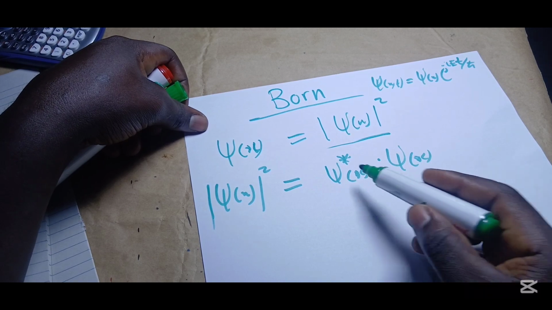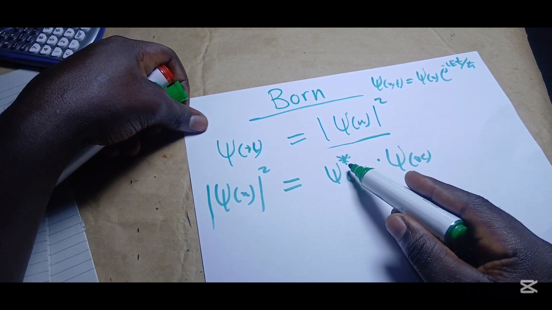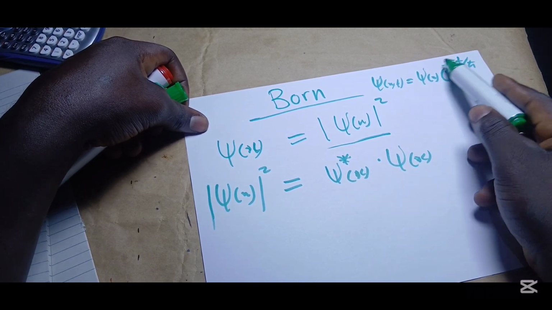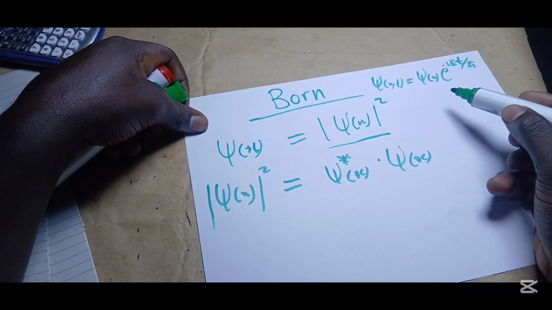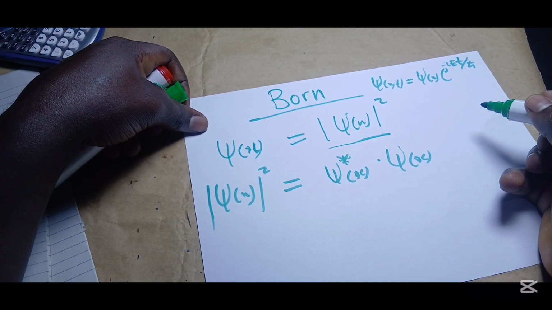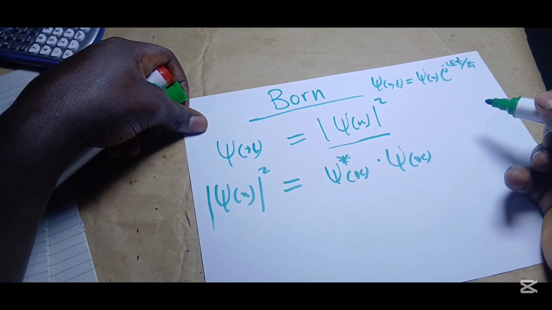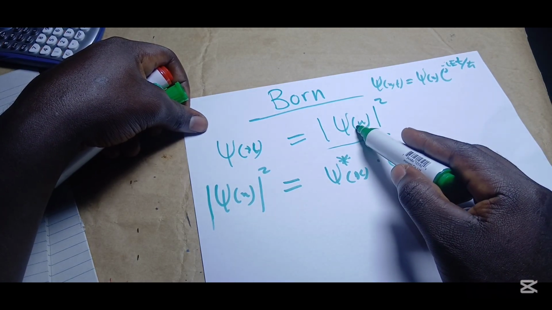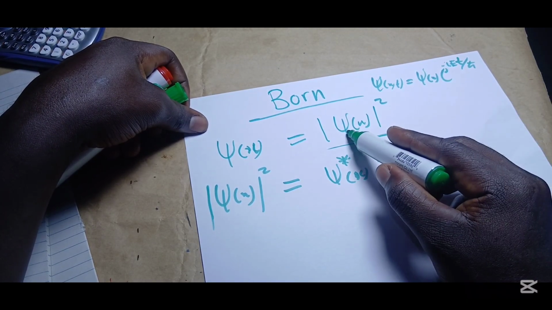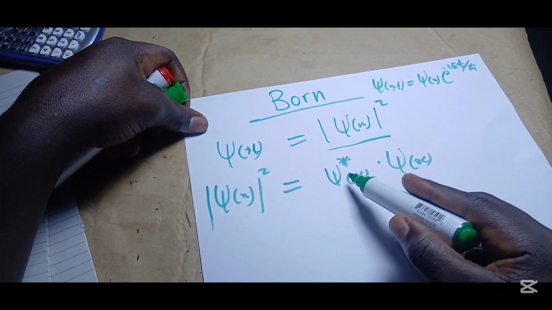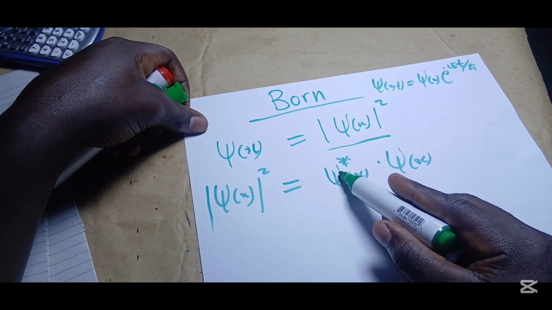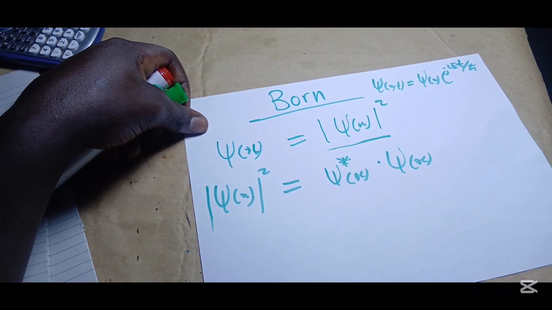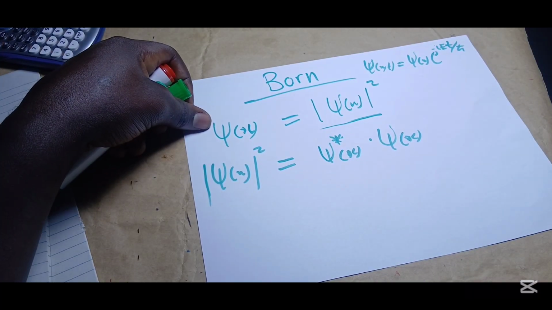Now this complex conjugate is a way of cancelling the exponential term out. We proved in our previous video that probability density is independent of time. So that is why you can just write the probability density as psi of x squared without introducing the complex conjugate of the wave function. But any way that you write it is the same.